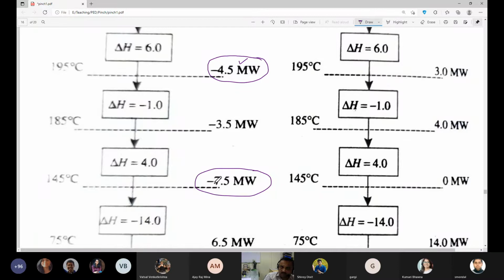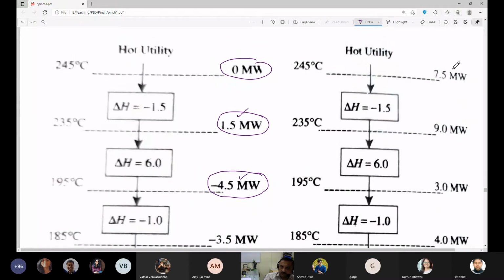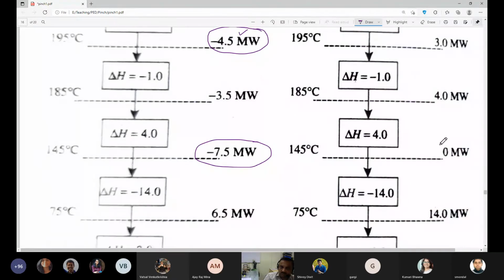So now if I want to make all of this enthalpy positive, I have to add these 7.5 MW to every step, so that this delta H remains as it is, but there would be no negative enthalpy value, because when 7.5 MW is added, this becomes 0 MW.